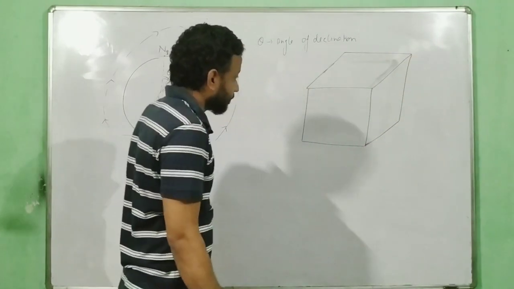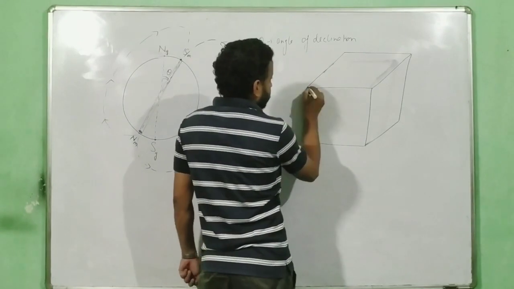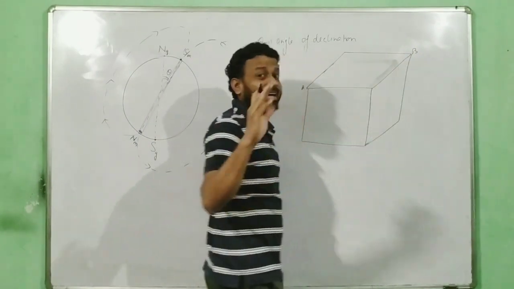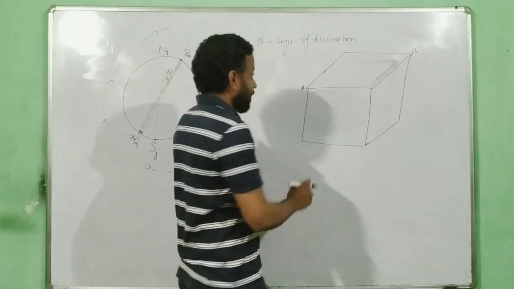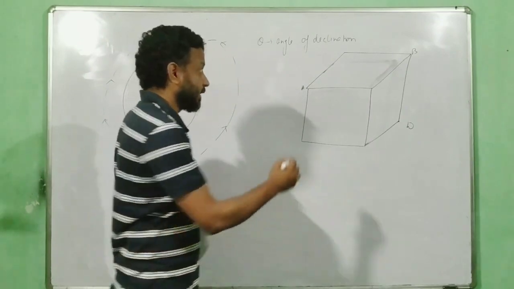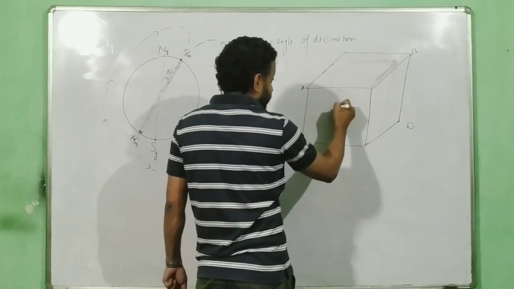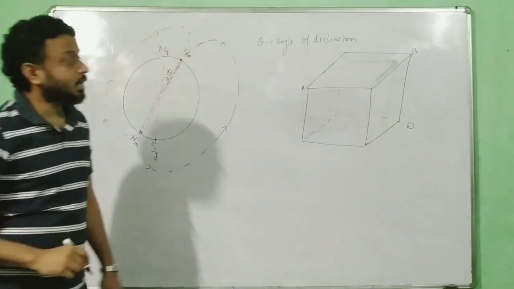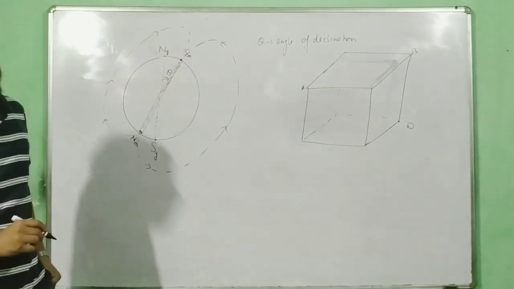Now consider this as A, this is B. This AB is called the face diagonal, and A and D, this is called the volume diagonal. Don't forget these two parts. And I can draw the last axis also. So A and D are called volume diagonal, and A and B are called face diagonal.